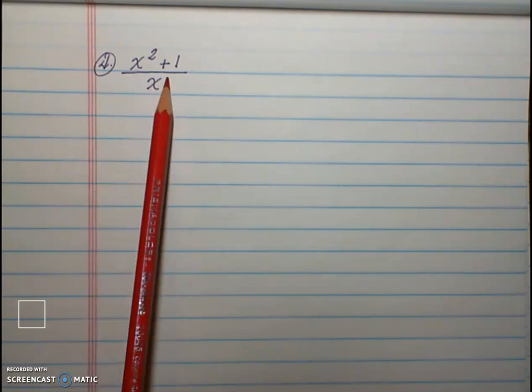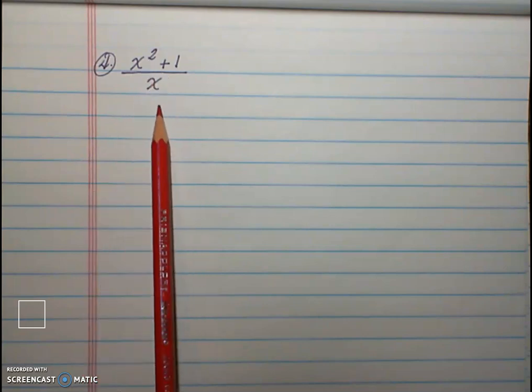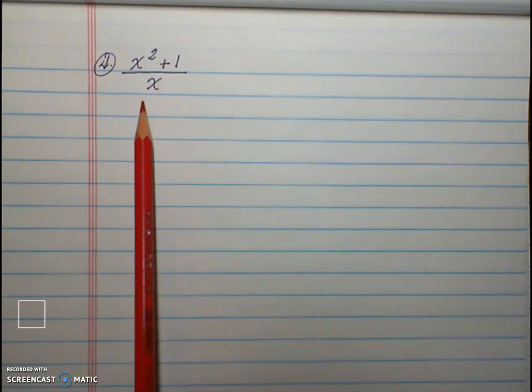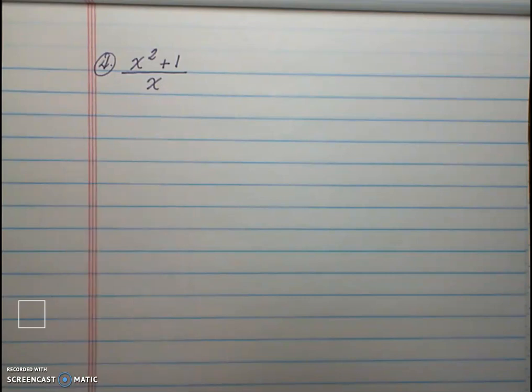Last and final example: x squared plus 1 all over x. Let's take a look at the degree. On top, your degree is 2, and on the bottom, your degree is 1. So clearly the numerator has a higher degree than the denominator. In this case, according to that third rule, there is no horizontal asymptote.